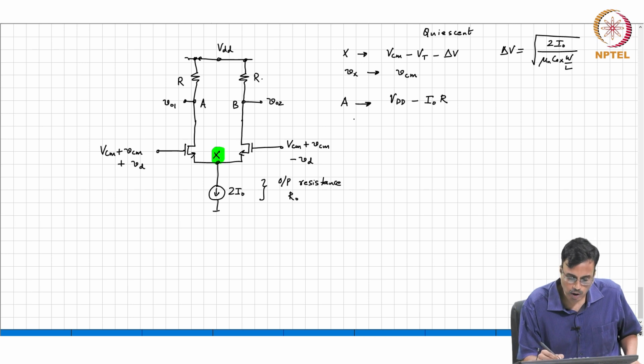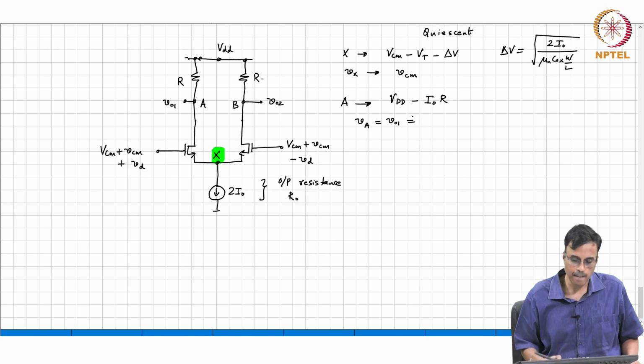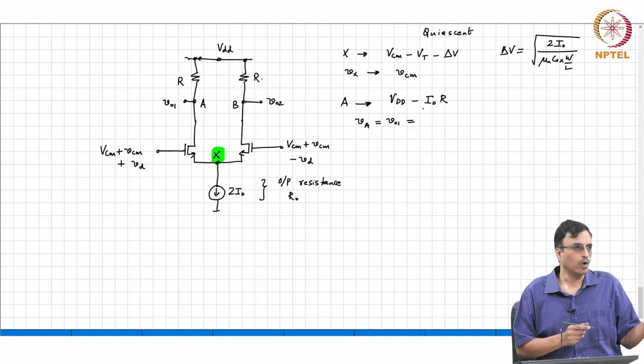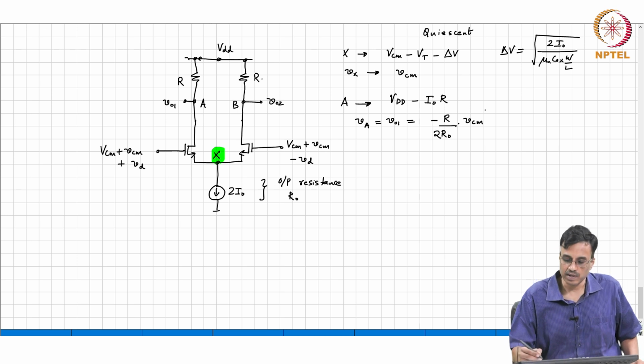And what comment can we make about the incremental voltage at node A, which is what we call VO1? Again it is the sum of the voltage due to common mode excitation and the voltage due to differential mode excitation. So, in the common mode half circuit VA was minus R by 2 R naught times small VCM, and what is the differential voltage?